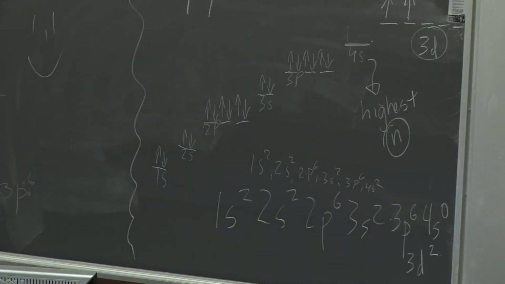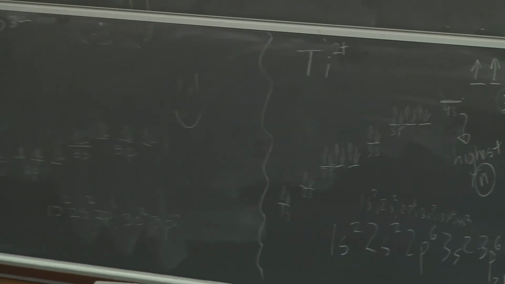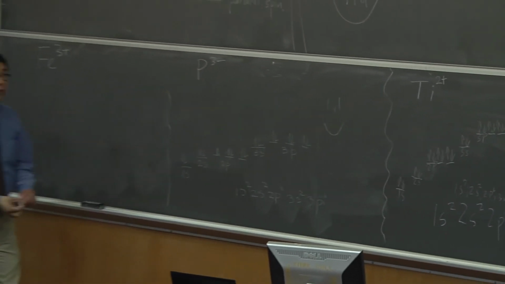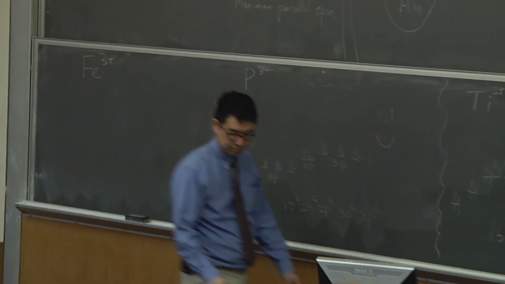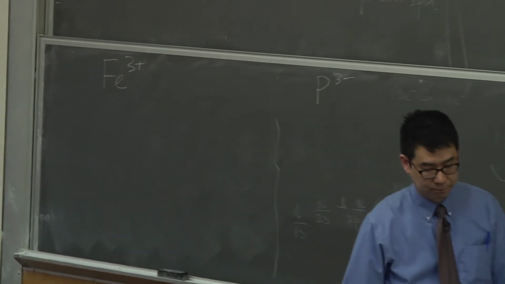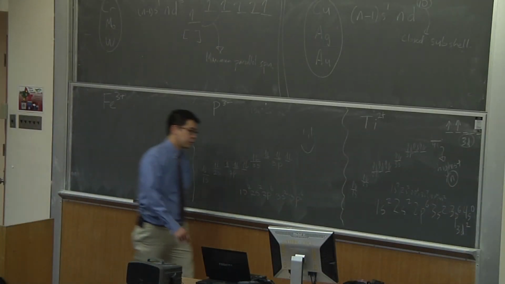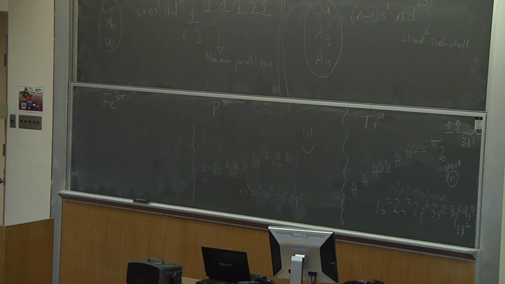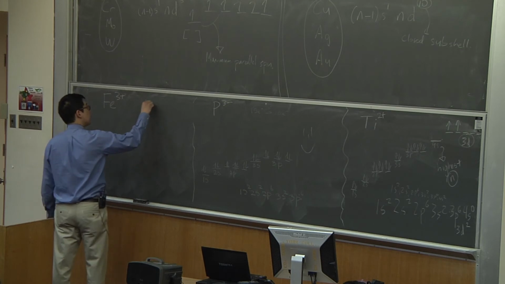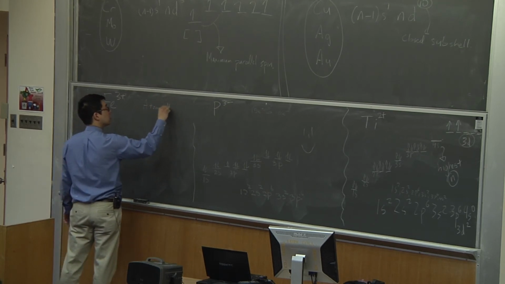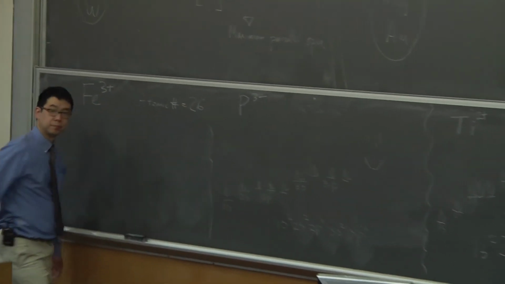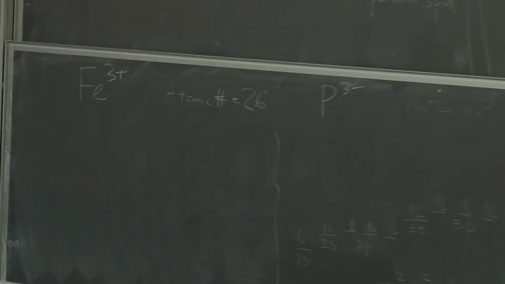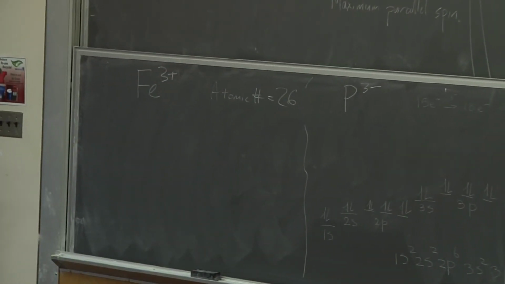And so let's try Fe3+. Now put your heads together and do it. Right, so Fe3+ or Fe has 26 electrons, right? So the atomic number equals 26. So the atom is going to have 26 electrons.